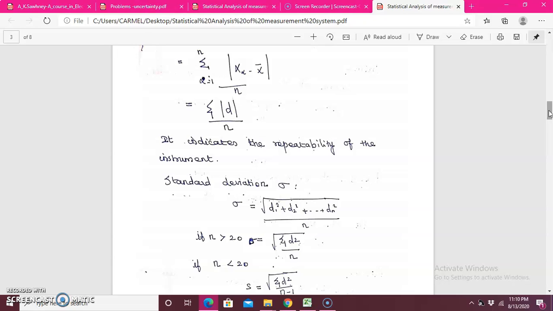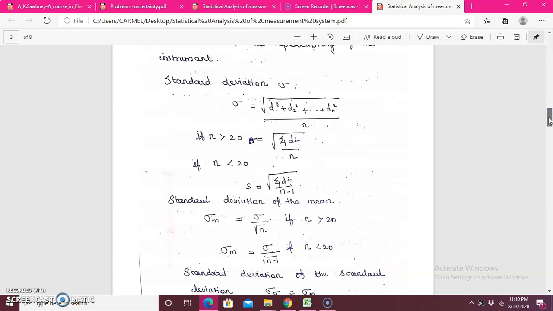The next one is about sigma. How are we calculating standard deviation? There are two things you have to denote. One is the standard deviation term. We are using sigma as well as s. What is sigma and what is s? It depends on the number of samples you have.